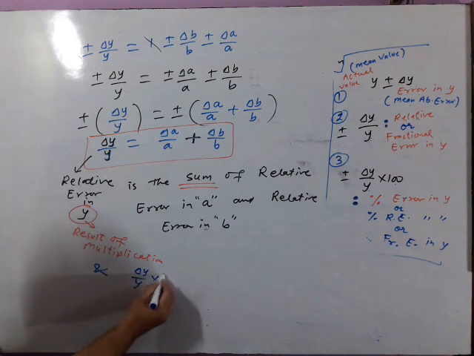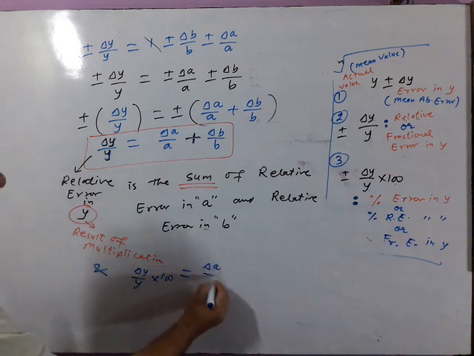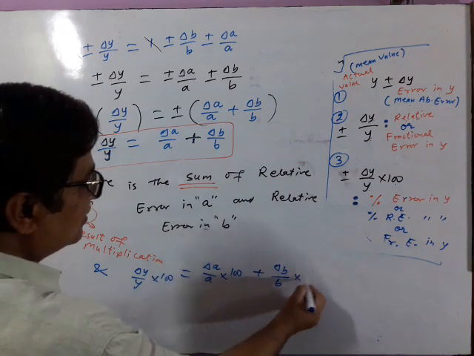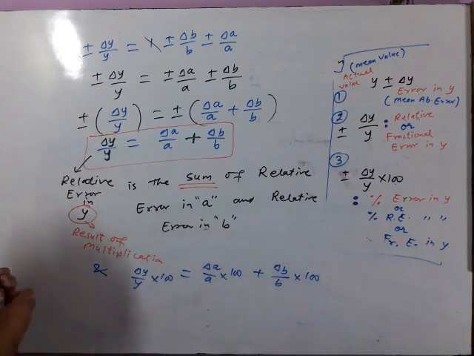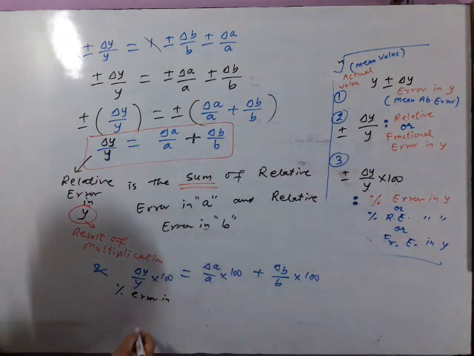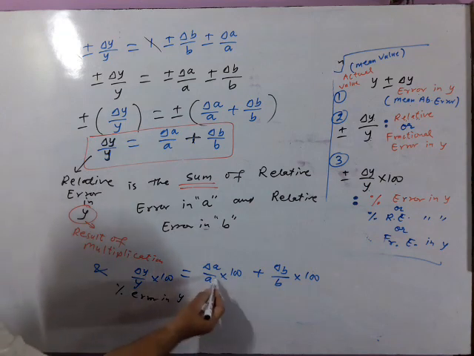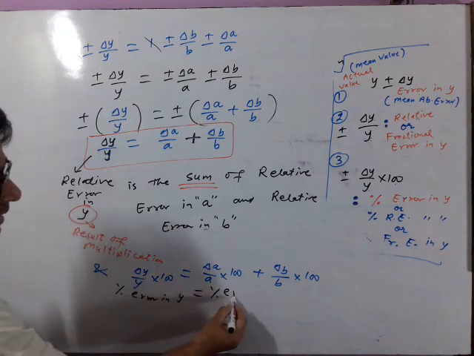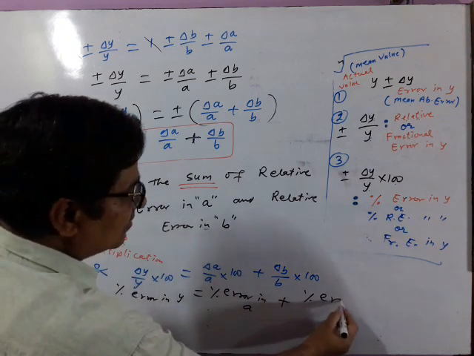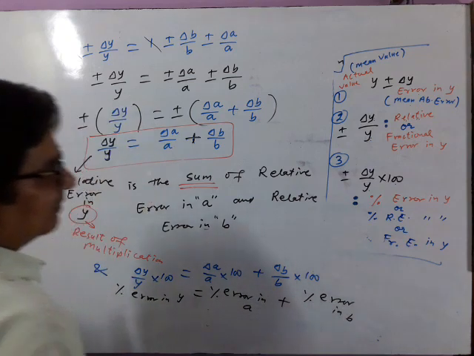Delta y by y into 100, multiply both sides by 100. So this is another formula, you call it percentage error in Y. So remember these three formulae. So this is equal to percentage error in A plus percentage error in B.